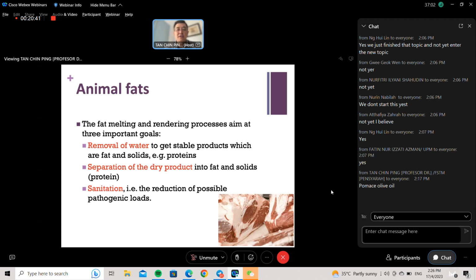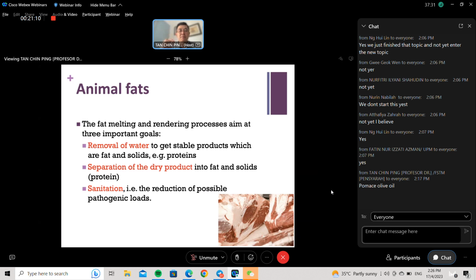And of course, industry sometimes goes through sanitation, either through a sieve to sieve out those meat particles which are already burned. Usually because of the rendering process, especially dry rendering, the temperature is a bit high. So if you have a little bit of meat, which is not fat but meat, then it is going to get burned.